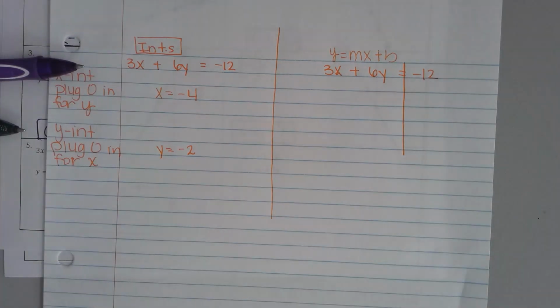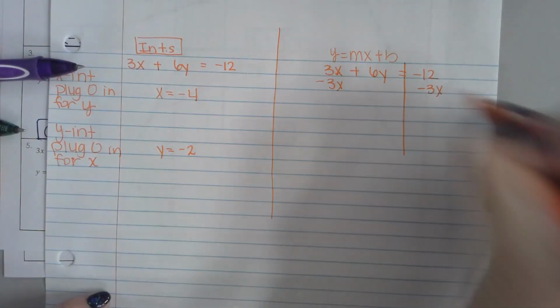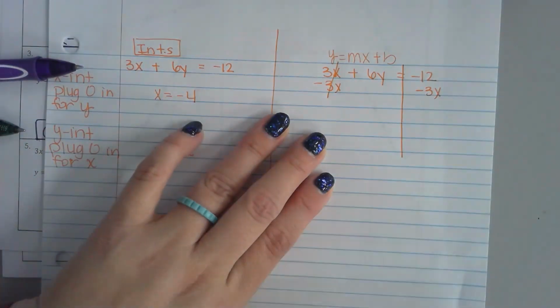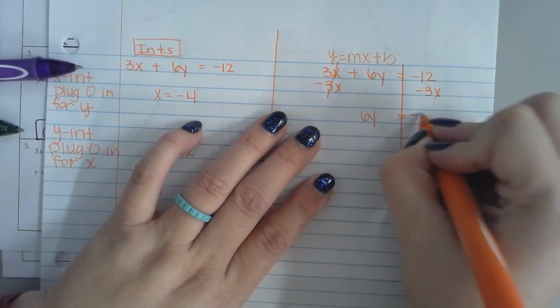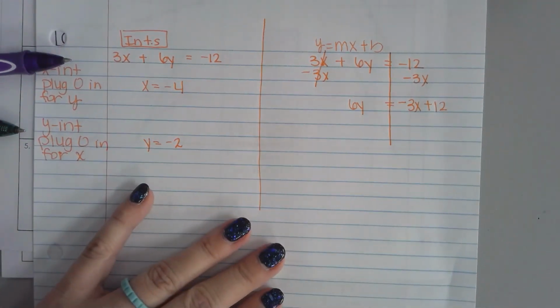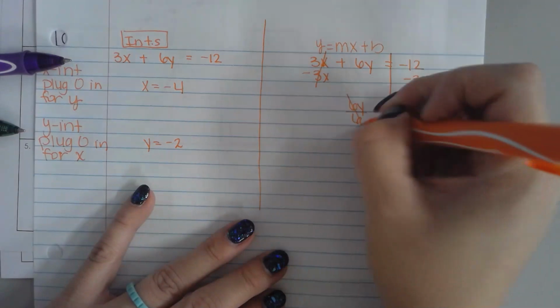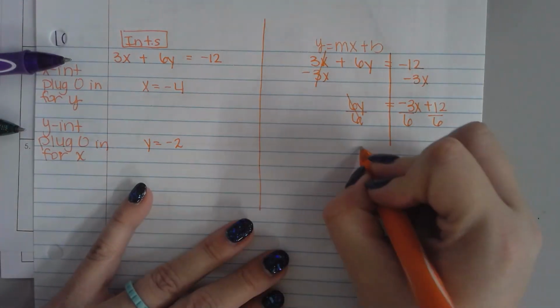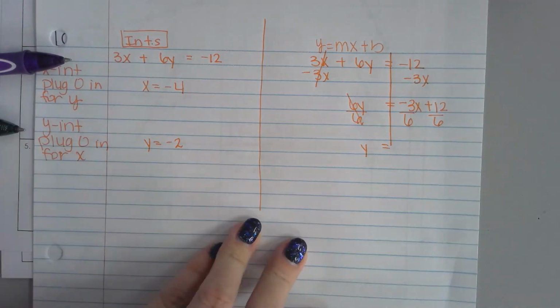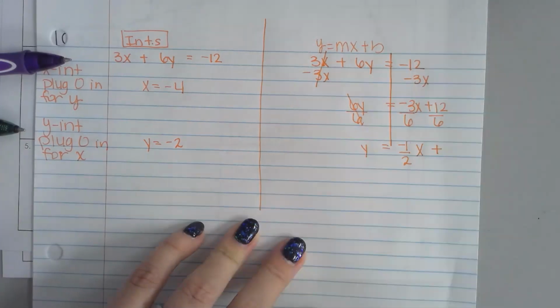So you'll subtract 3x from both sides. And we get 6y equals negative 3x plus 12. And then we divide everything by 6. To get y equals, what's negative 3 over 6? Negative 1/2 x. What's 12 divided by 6? 2.